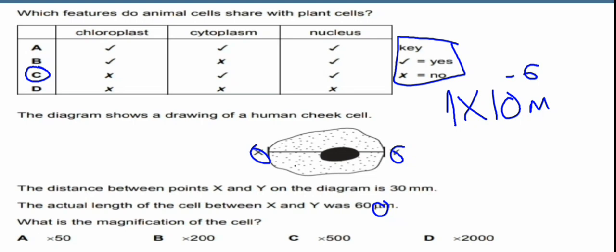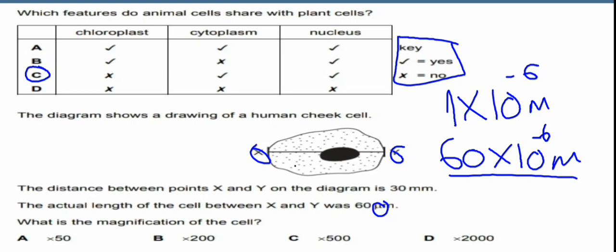So 60 micrometers is the same as 60 multiplied by 10 to the power negative 6 meters. When you convert this into centimeters, you use the conversion factor where 1 meter is equivalent to 100 centimeters.